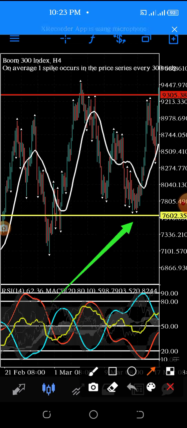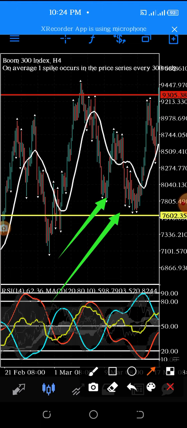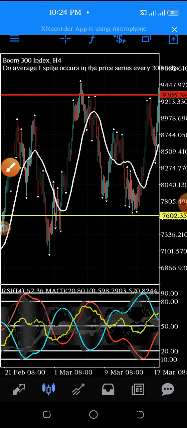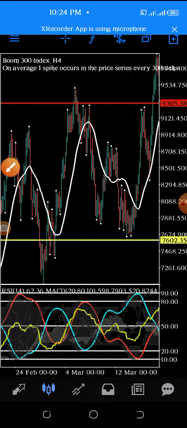This tells you there are some forces around here. Even this one did not reach here and pushed back. They came down here again and pushed back. Count it, 1, 2, 3, 4. So the reactions were actually more here, and that is why we have our support zone here.